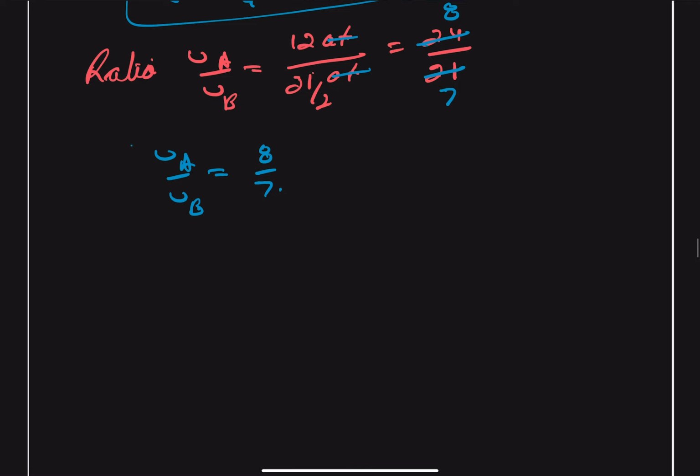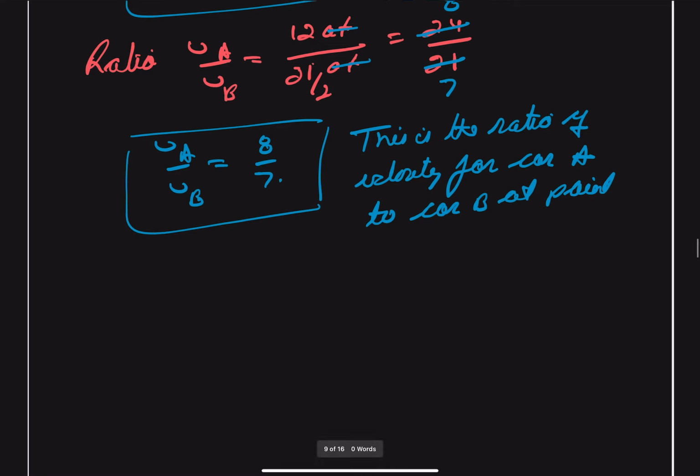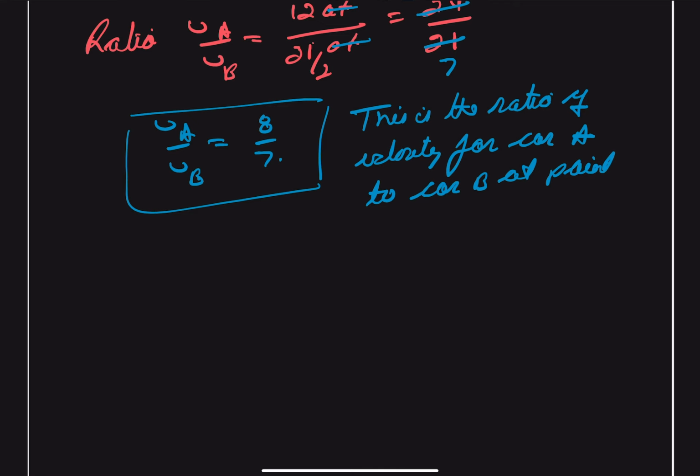So this is our final answer. This is the ratio of the velocity of car A to the velocity of car B, not at a single point, but with respect to points P and Q, because they have different starting points.